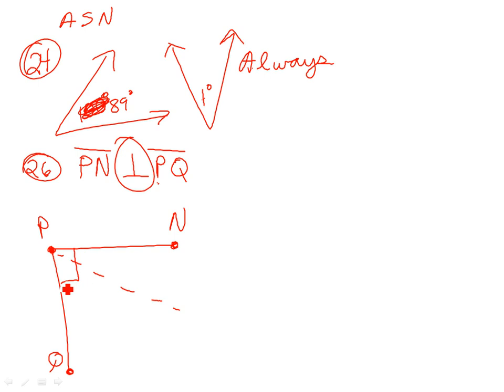Yeah. So that's our picture. Now, it said if that's true, then what was the second part? Ruth, what was the second part? Angle NPQ is an acute angle. Is that going to be an acute angle? No, because it's a right angle. Is it ever going to be an acute angle? No, because it's a right angle. So our answer is never.